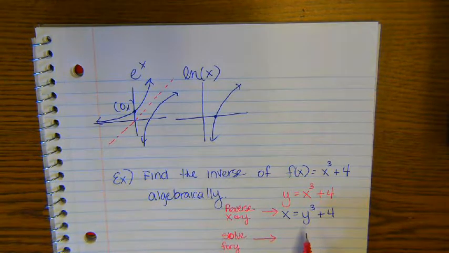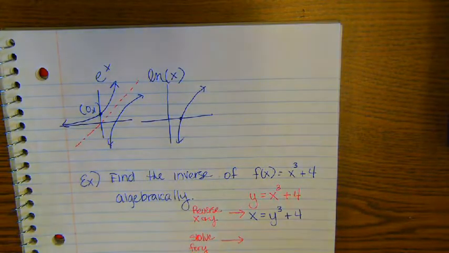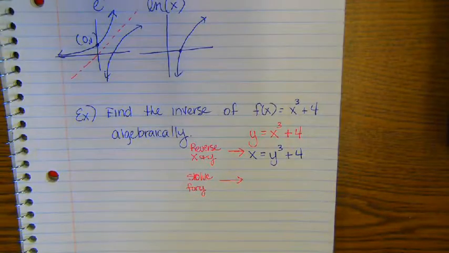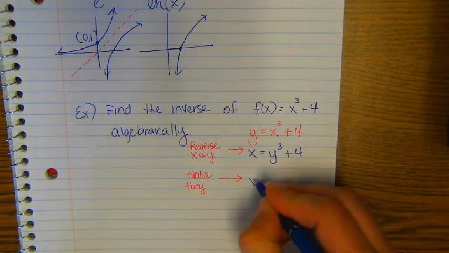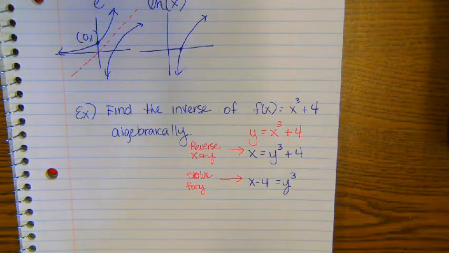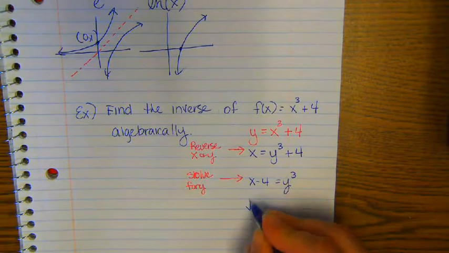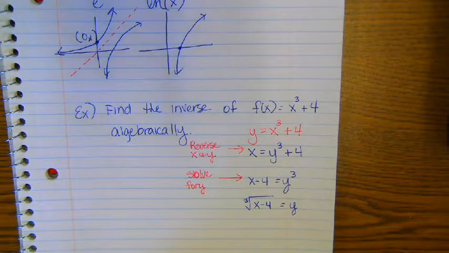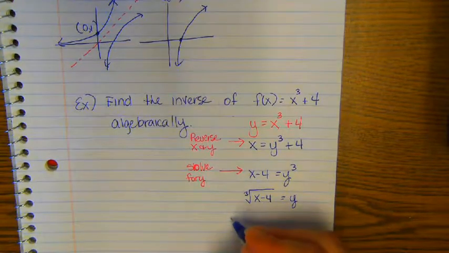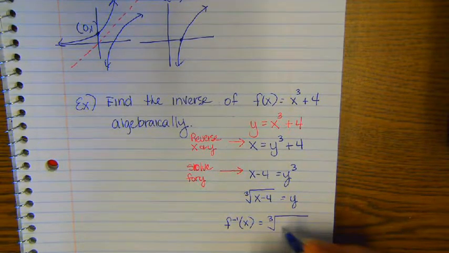It's easy now in this one. There's one on the homework where it's not so easy, but I want you to try it. How would you solve for y on this one? Let's get y alone. Subtract 4. Then take the cube root, and you got to do both sides, the whole thing. So the cube root of x minus 4 equals y. And then finally, let's write it as an inverse. That means that f inverse of x equals the cube root of x minus 4.